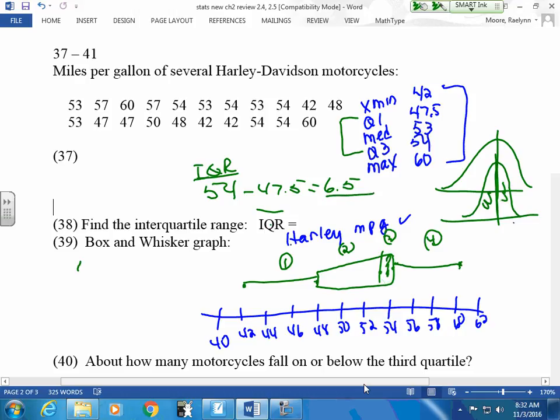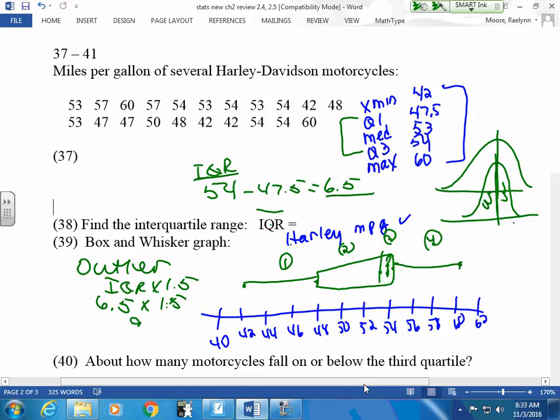For us to find an outlier, now we're going to take your interquartile range and multiply it by 1.5. If you multiply 6.5 by 1.5, what do you get? 9.75?